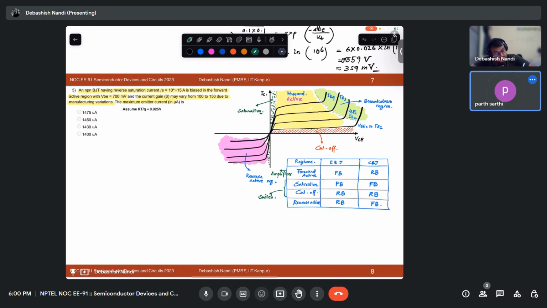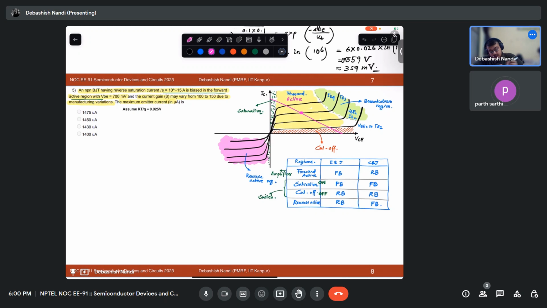Saturation will be your switch on and this is switch off, right? Yes, sir. Okay. So if that is clear, in our question it is mentioned that the forward active region is where the transistor is biased. That means your DC load line, your quiescent point is somewhere here.